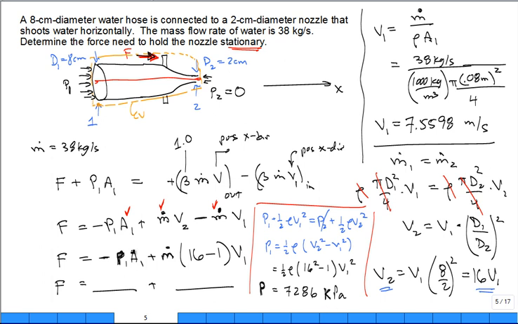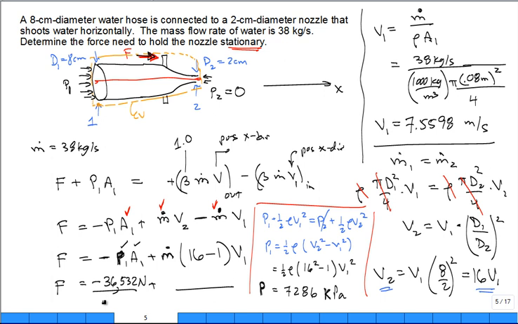If you multiply by the area, pressure 1 times area 1, what do we pick up for that force? 36,532 newtons. So 36,000. It's in a negative direction.